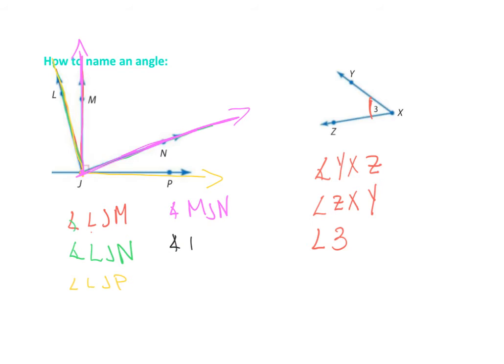So angle MJP would be the right angle that's in black. So within this image, there were 5 angles that I could have named, and I could have named them in another way. So there were 5 possible angles, 10 possible ways of writing all of these angles.